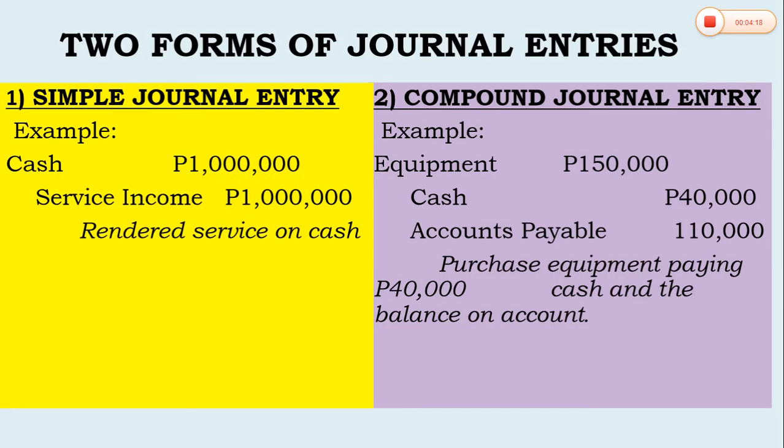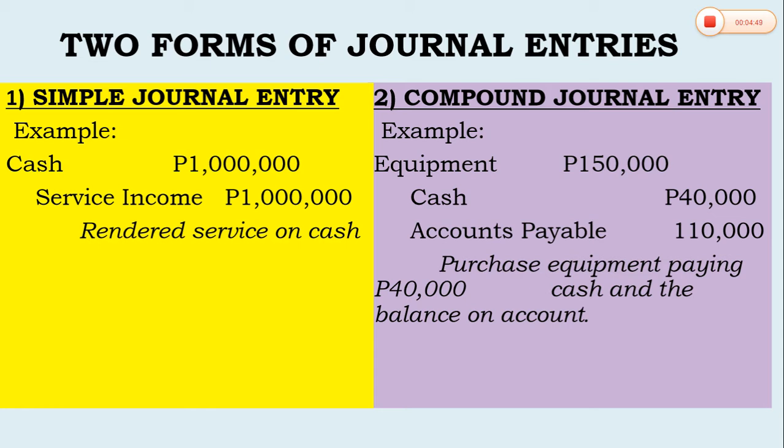So, there are two forms of journal entries. The first one is the simple journal entry, the portion in yellow, and then we have the compound journal entry, the portion in violet. Now, as you can see, by simply looking at the slides, you can see the difference. Look at the simple journal entry, the yellow part: we have account titles and amounts. In the account titles, we have one debit account and one credit account.